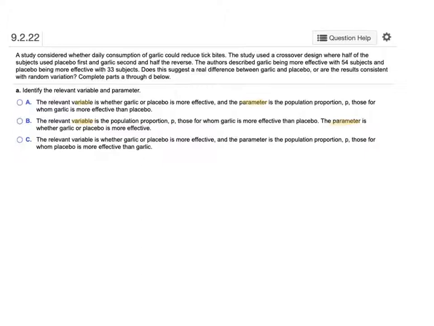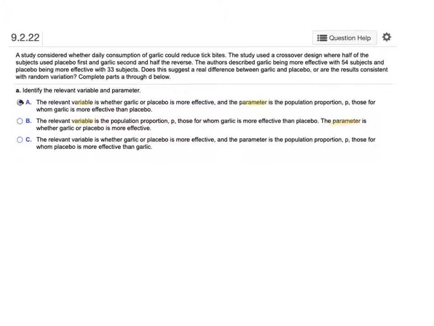This question is a little bit weird because they give you both those options, and they both are actually okay. There is a tendency to think of P as being the proportion of success. And so in a clinical trial, you would think that the active thing you're doing, the garlic, is success for you.